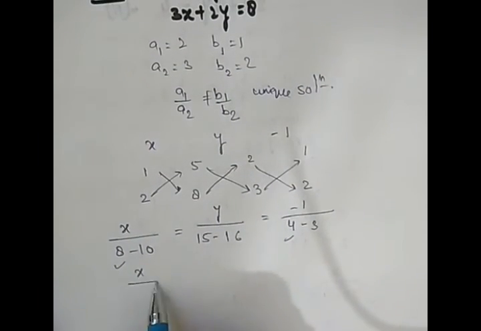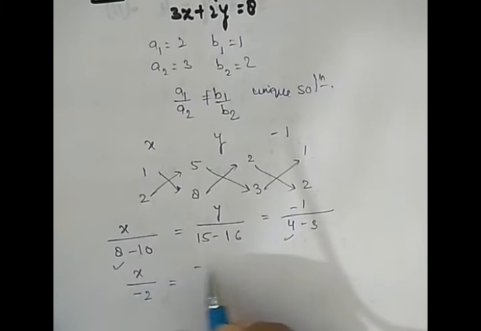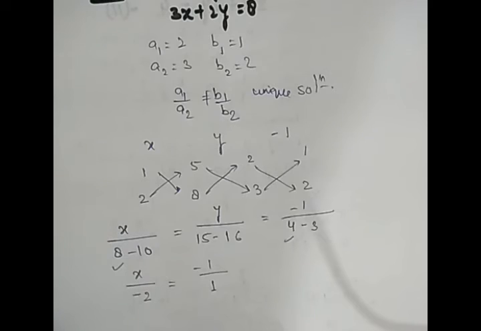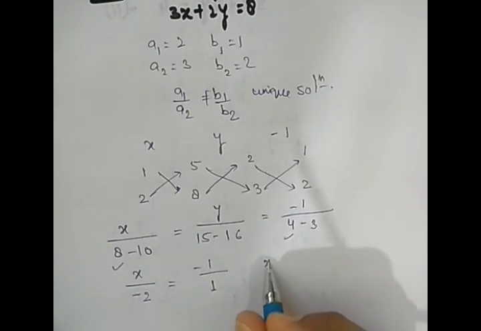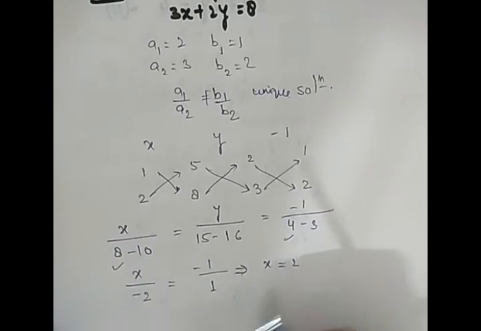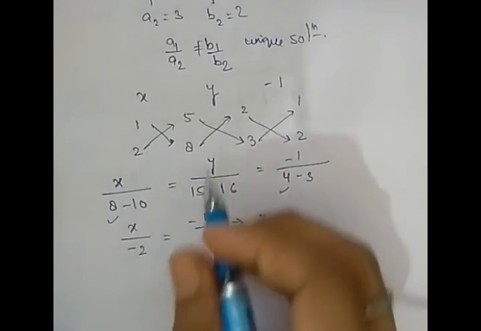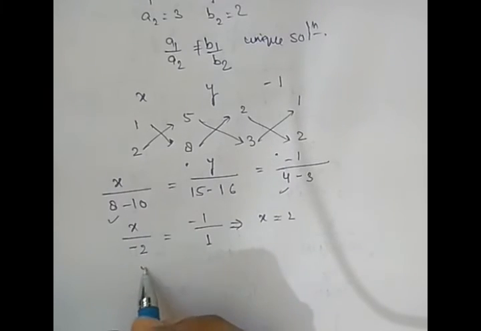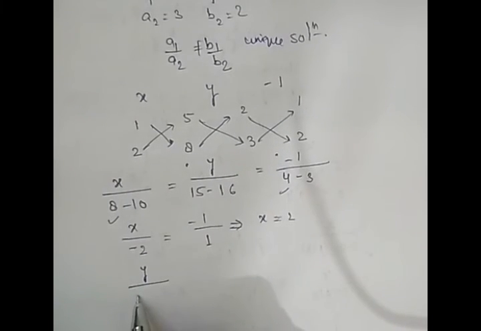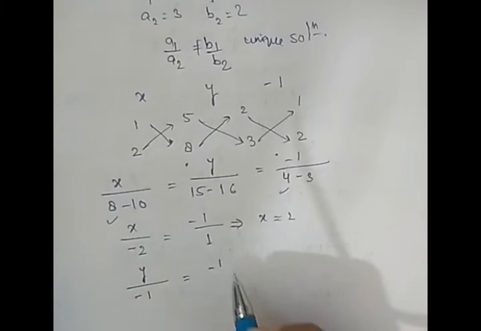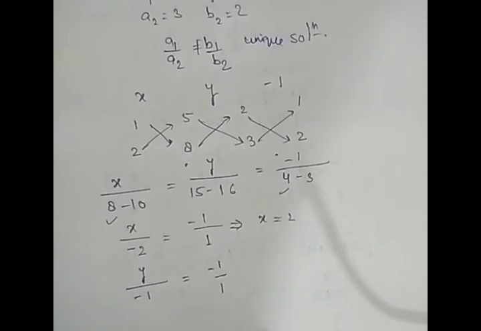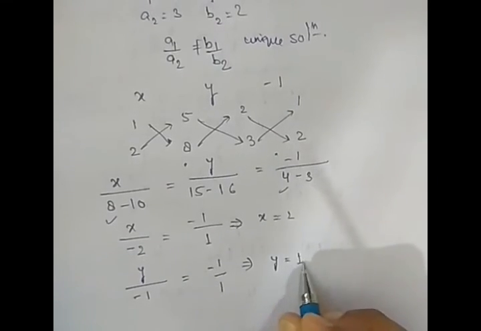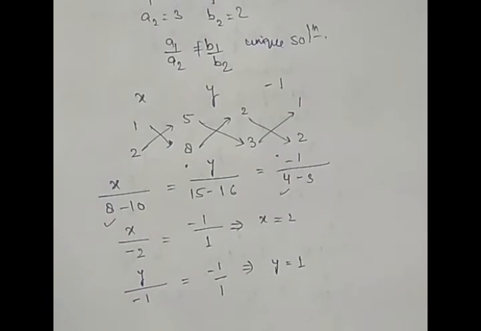So this will be x upon minus 2 is equal to minus 1 upon 1. If we solve it, we get x is equal to 2. Similarly, considering this and this, y upon minus 1 is equal to minus 1 upon 1. So y comes out to be 1.